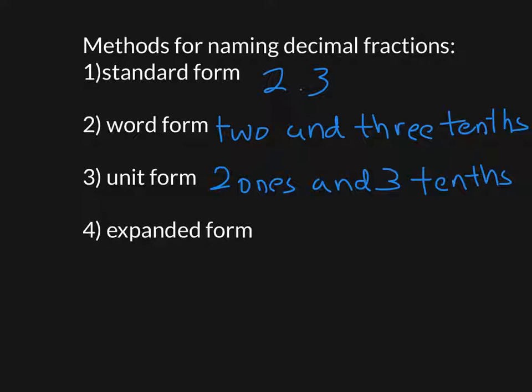Now, there are different ways to name the units, so I could also call 2 3/10 23 tenths. Those are 2 ways of using different units to name the same number.